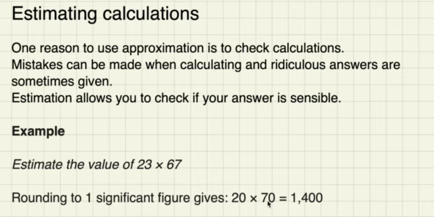And it's easier to do the multiplication of 20 and 70 compared with 23 and 67. So 20 times 70 equals 1,400.